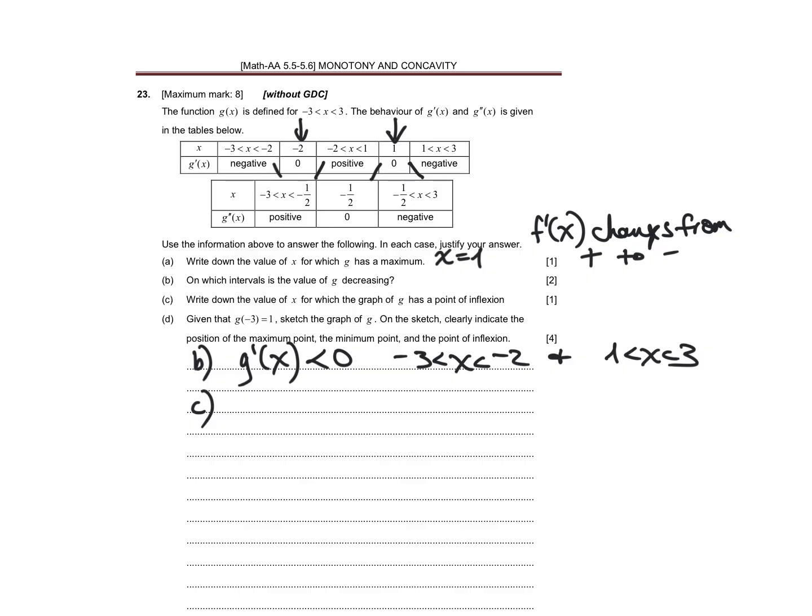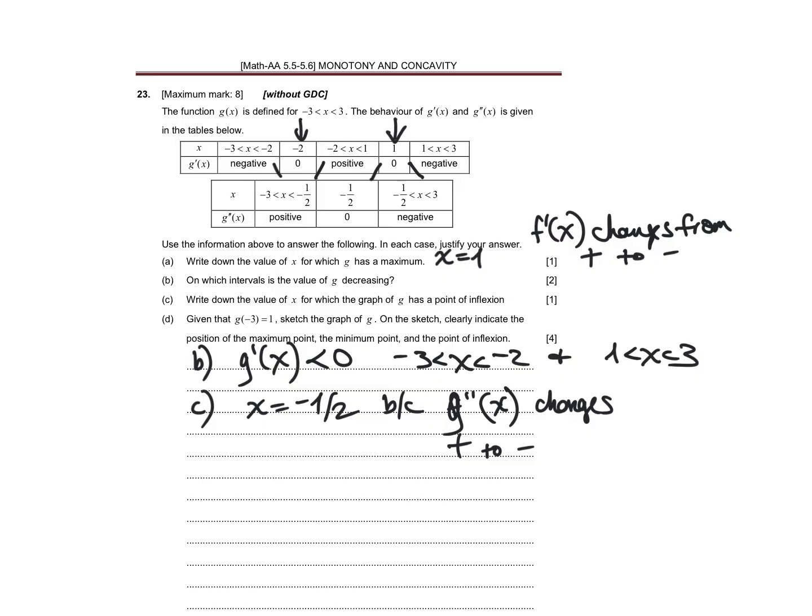All right, C, write down the value of x for which g has a point of inflection. Well, that's happening at x equals -1/2 because g double prime changes concavity from positive to negative.